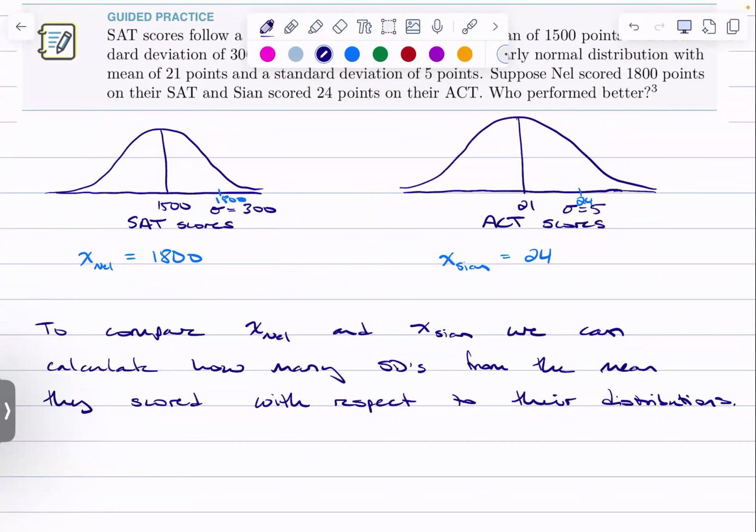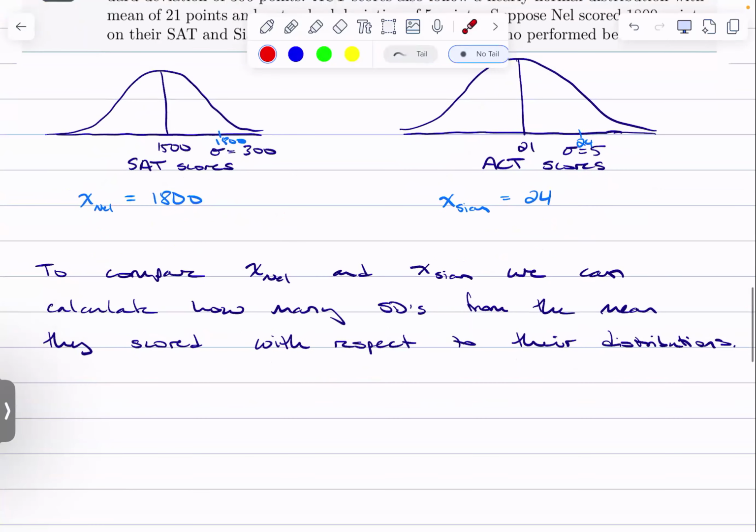Otherwise, no one would write the ACTs because your scores are clearly going to be quite low compared to the raw scores of the SAT. And so if you had to figure out how many standard deviations away from 1500, 1800 is, if the standard deviation is 300, what would you end up doing?